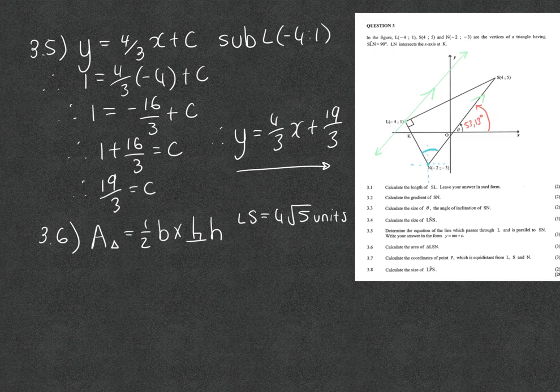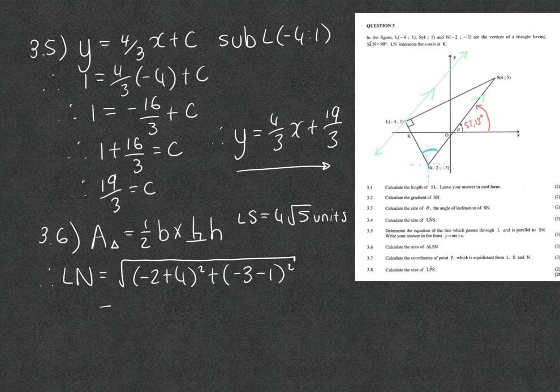Okay, so therefore, first thing we have to do here, Ln equals the square root of x2 minus x1, so minus 2 plus 4 squared, plus minus 3 minus 1 squared. Let's put that in our calculator and see what we get. And the calculator gives us 2 root 5 units.